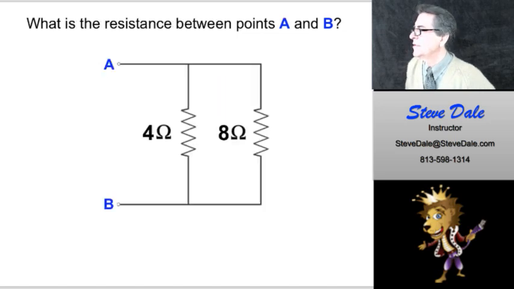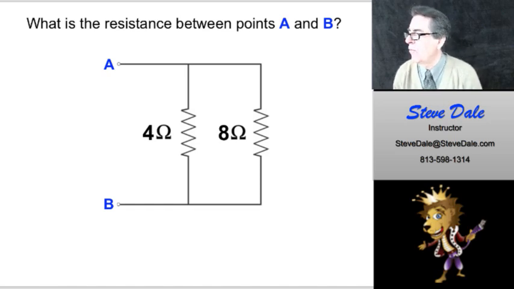So here's one that's different. It's 4 ohms and 8 ohms. So you got a little different circuit here. It's still a parallel circuit. You got 2 branches or two paths to flow along, or 2 resistors in parallel, and one's 4 ohms and one's 8 ohms. What do I know about this circuit?